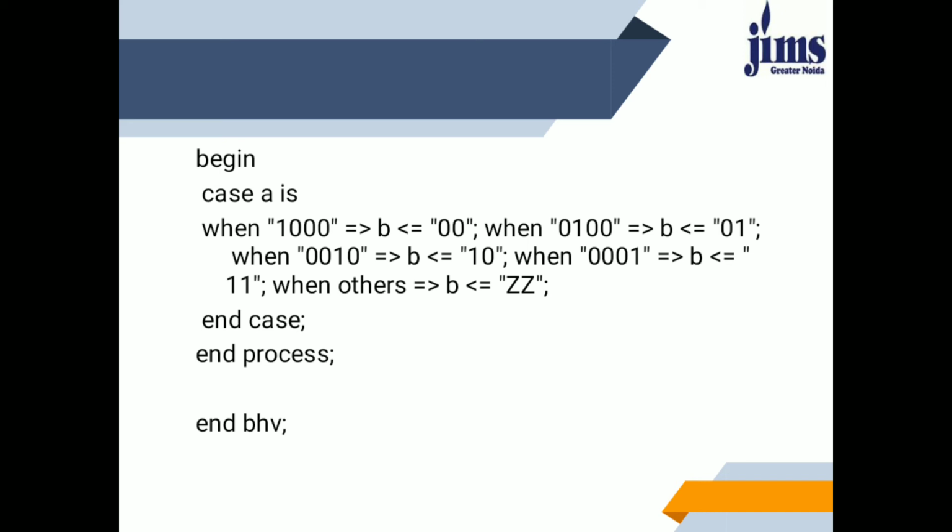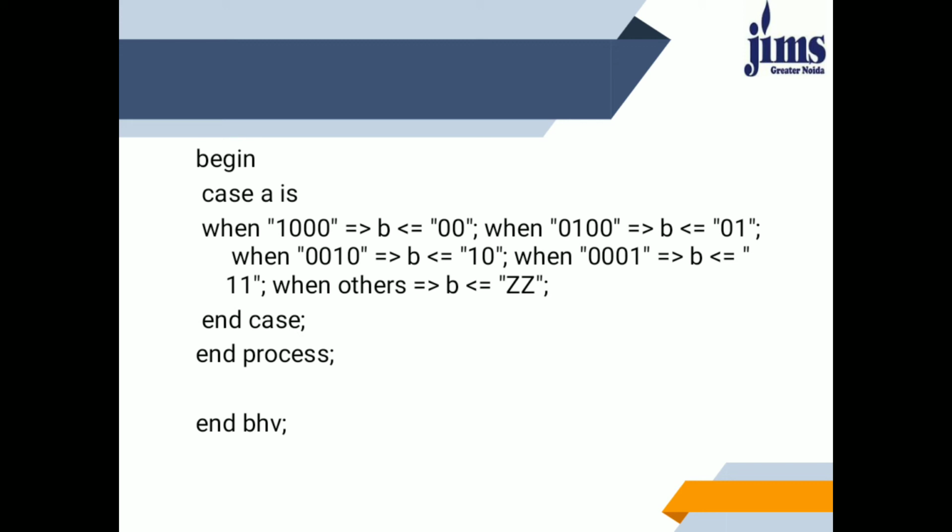So here we can write when 1000 comes, B will be assigned a value of 0 0. When 100 comes, then B will be assigned a value of 0 1, and then here we can define another condition of B assigned a value of high impedance. This is the condition whenever these four cases do not come.